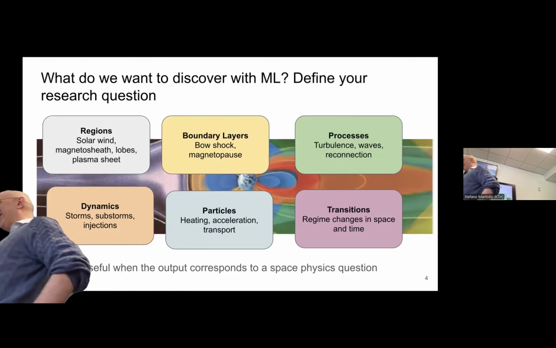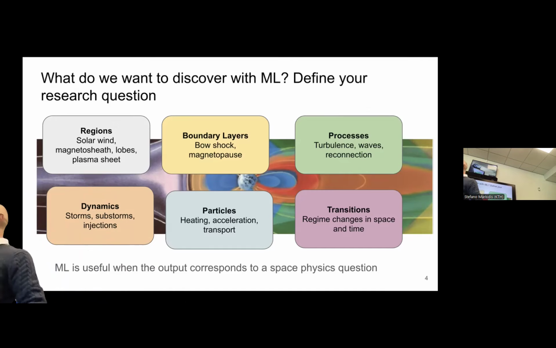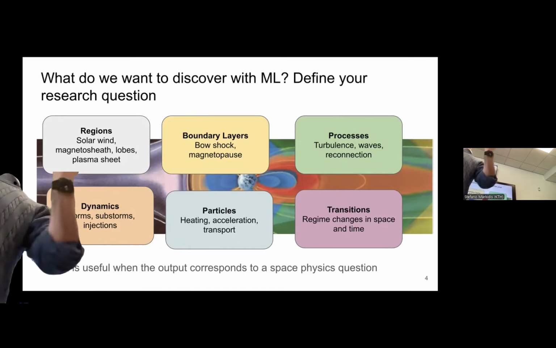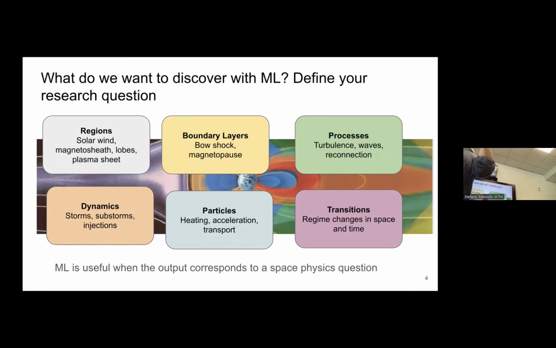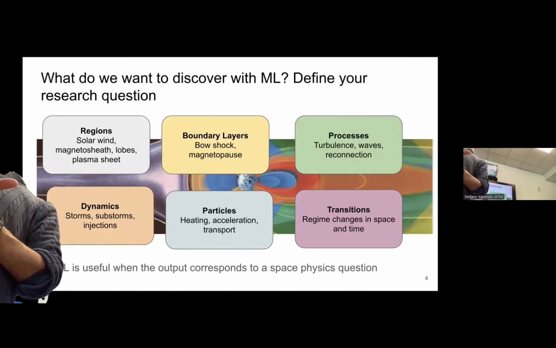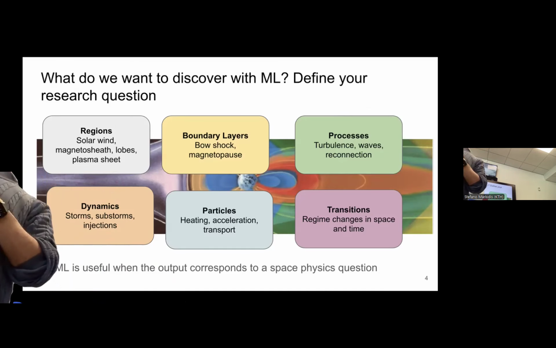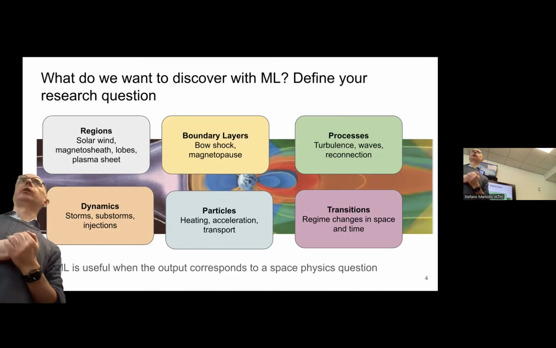So this is actually the reality. You might want to study regions. Probably the most interesting part is the transition between different plasma distributions, because all the interesting physics happens at transitions. You might have bow shocks, boundary layers, magnetic reconnection. They all occur when you have some jump in certain quantities.